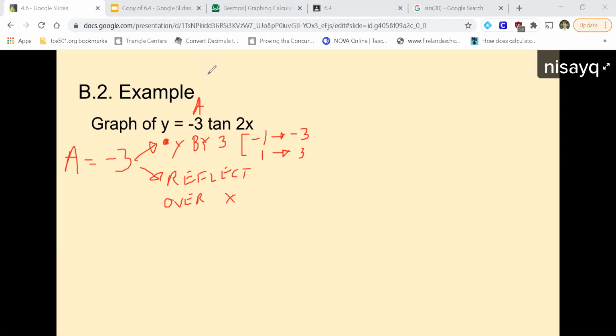So all that really happens is that negative 3 and 3 are going to switch in the order. So instead of going asymptote, negative 1, 0, 1, asymptote, we'll do asymptote, positive 3, 0, negative 3, asymptote.